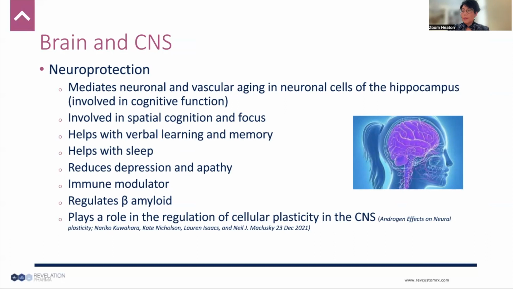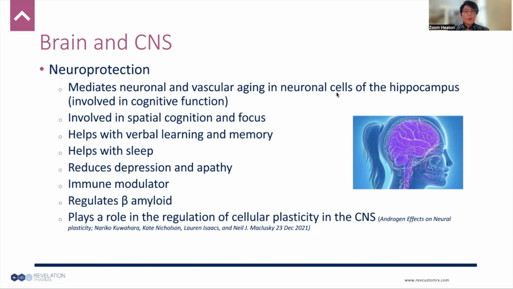And one of the most important functions of testosterone is that it is neuroprotective. And as a result, you will see it mediates the neuronal and vascular aging in neuronal cells of the hippocampus. The hippocampus is so important for memory, for long term and short term, and it's also important for motivation. So it is involved in cognitive function.